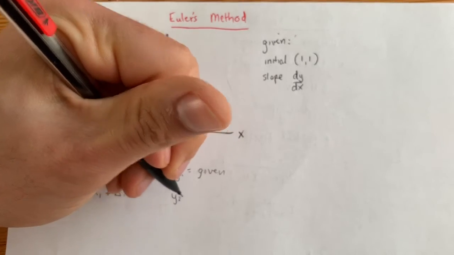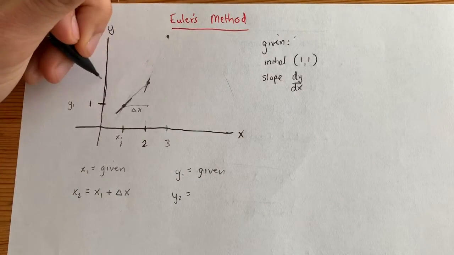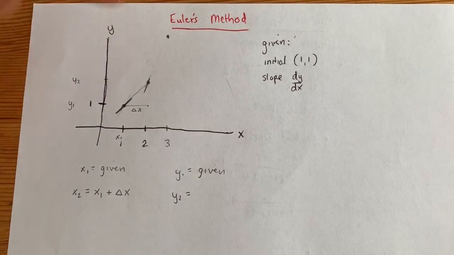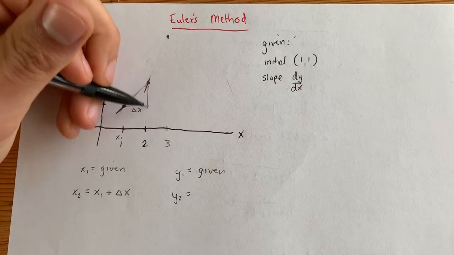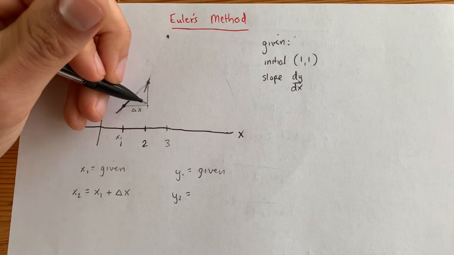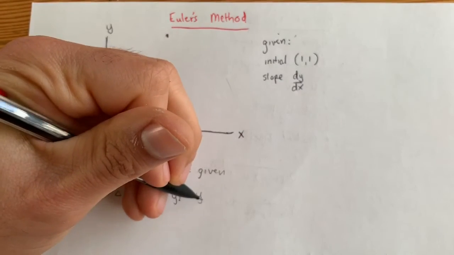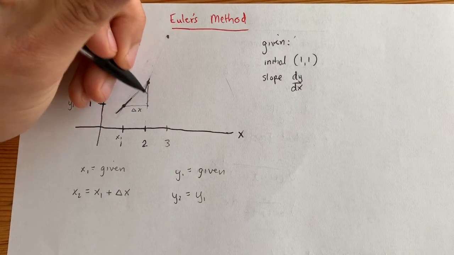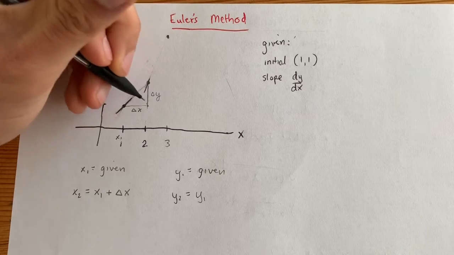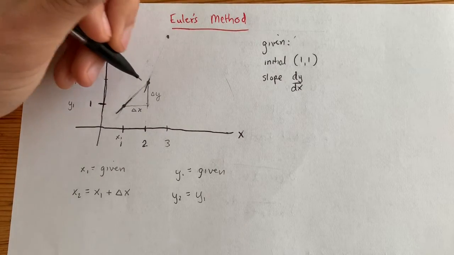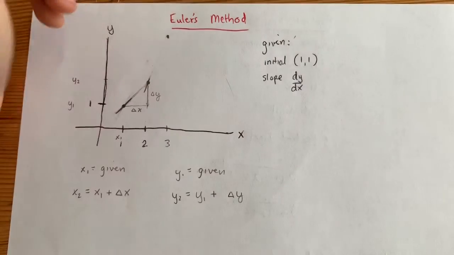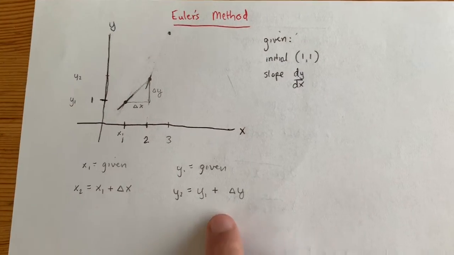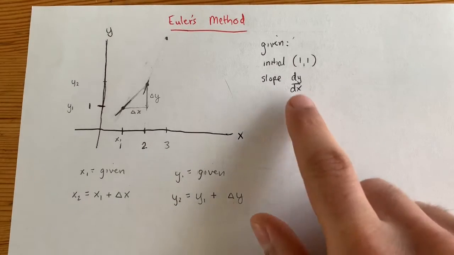To get the second y value, we had to know the slope to tell us how high up to go. We find that by taking y1 and adding the change of the y value to get the next coordinate. However, I never gave you the change of y.